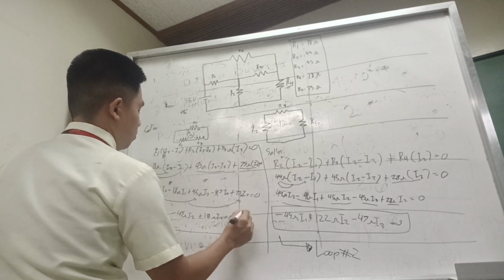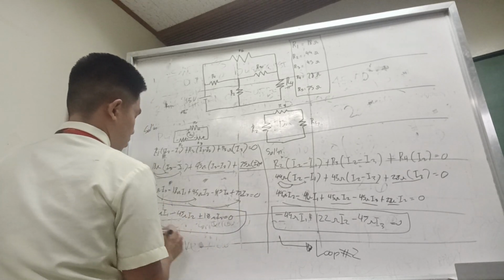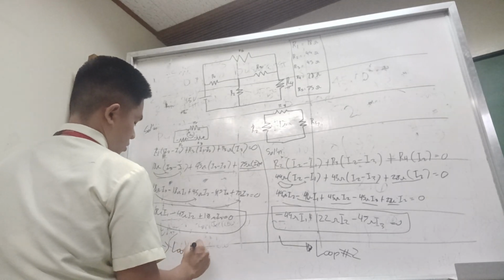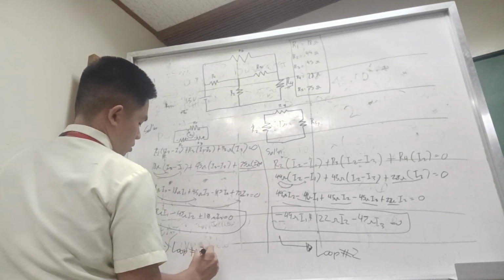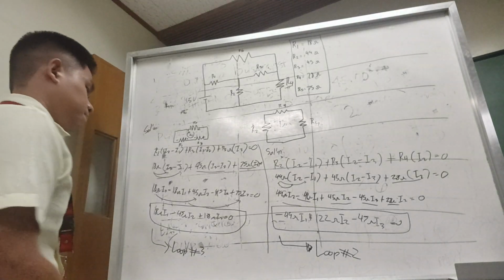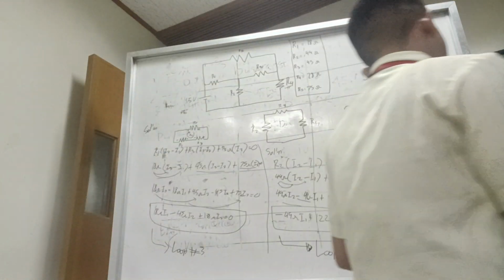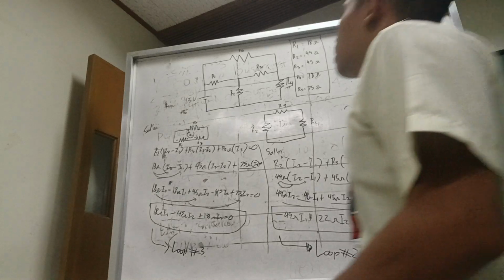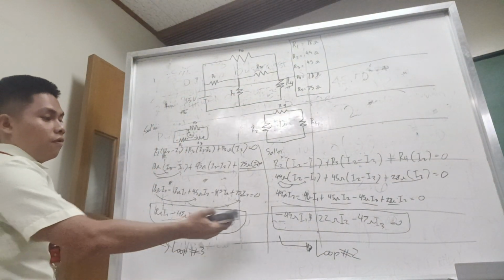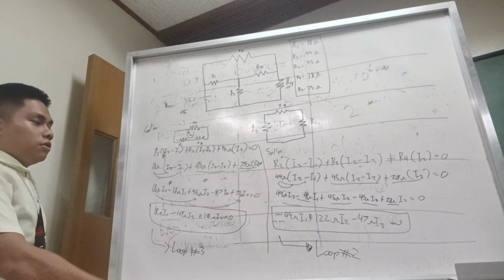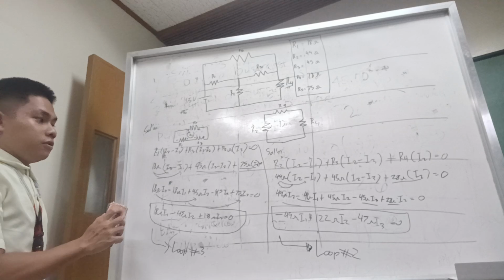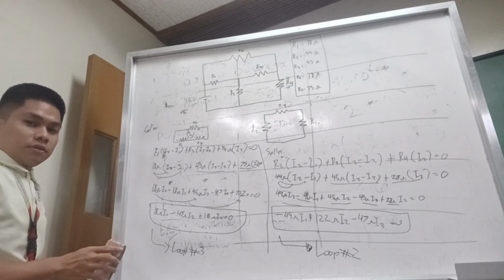So this is the loop 3. Now we need to solve all the loops here. Please be reminded of all the solutions and processes. Now, if you have a problem, please pause and rewind. Thank you.